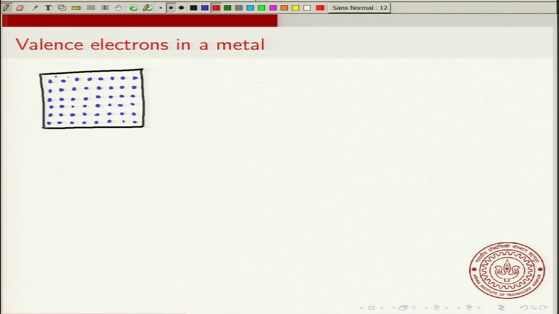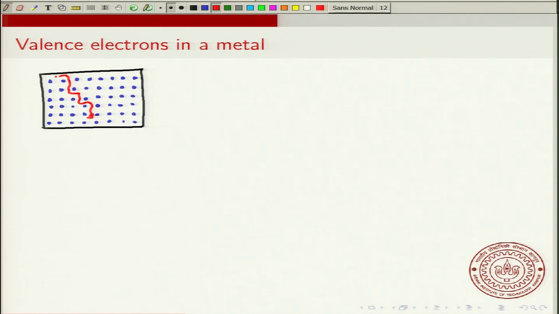So, let us say there is a valence electron on the first atom, on this blue atom. It actually leaves the atom and moves freely around in the crystal.